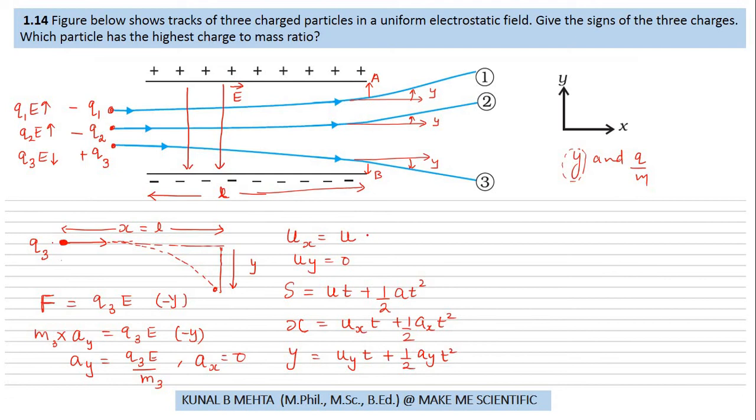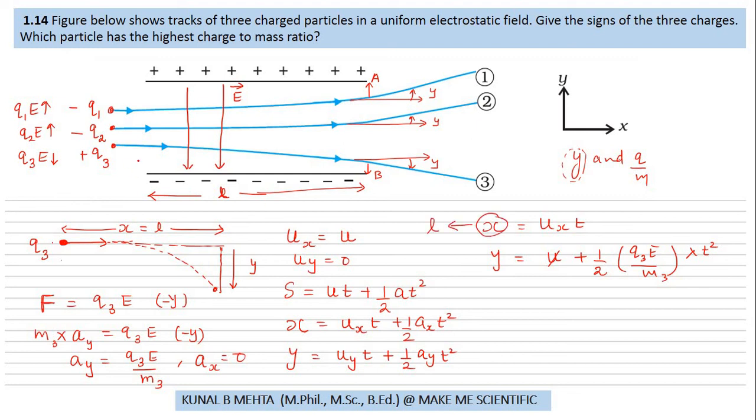Now if I use these values of ax and ay to reduce this equation into x and y, so x is equal to uxt plus ax is 0, so the rest part will become 0. Y is equal to uy is 0, so this part will be cancelled, plus half into ay, acceleration along y-axis is q3e upon m3, correct, and multiplied by t square. Now guys, what is x? X is equal to L. Why?